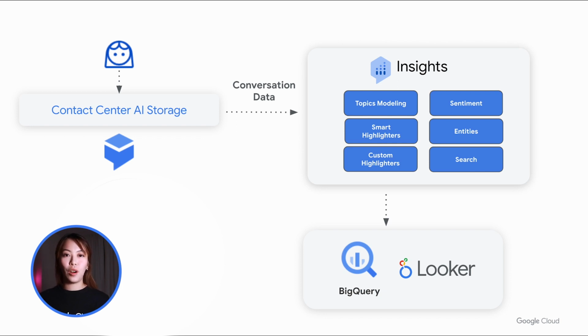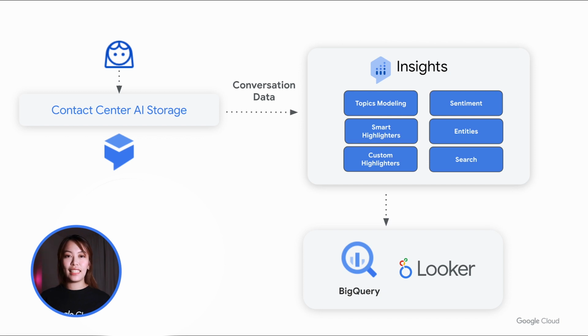You can import your raw contact center interaction data into Insights in order to run machine learning analytics or to automatically identify interesting interactions and review the conversation. All data, including transcript, highlights, topic, sentiment, and entities, gets exported into a BigQuery dataset and insight table.